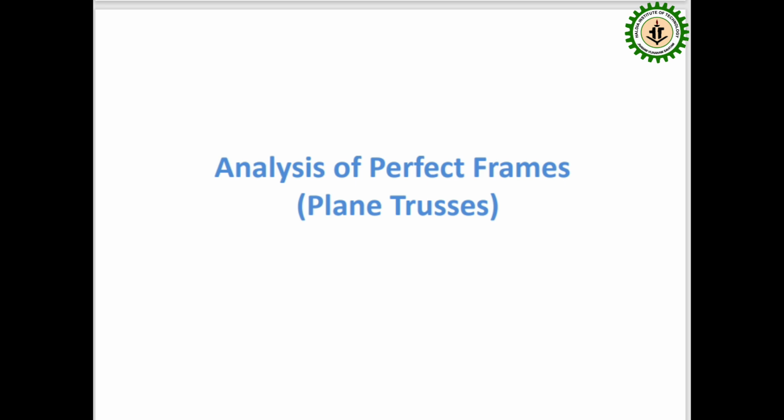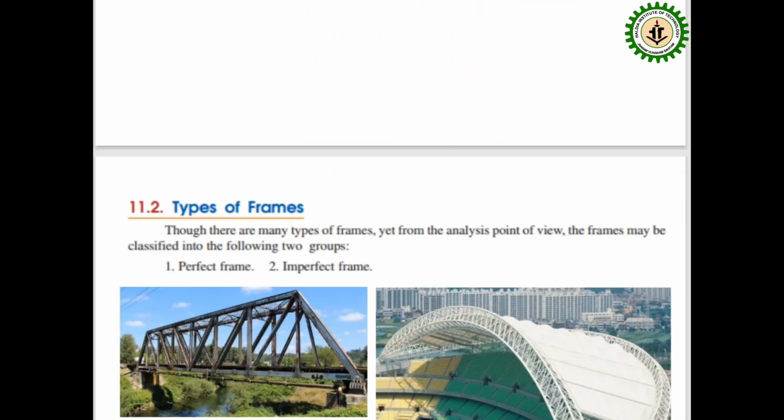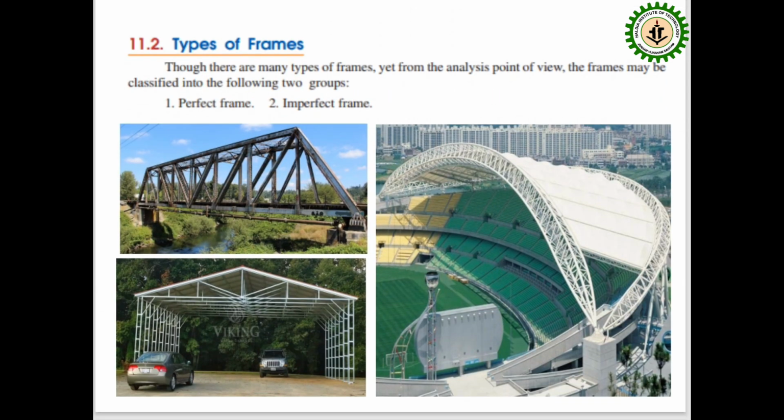It is considered as a hinge joint. So as the joint of the two members is considered a hinge joint, from one member to another member only force can be transmitted. No moment can be transferred from one member to another member.